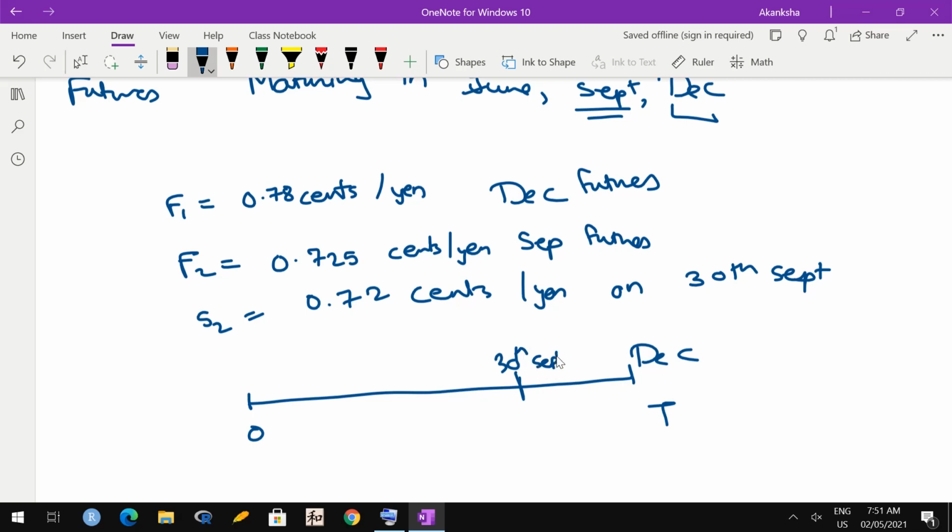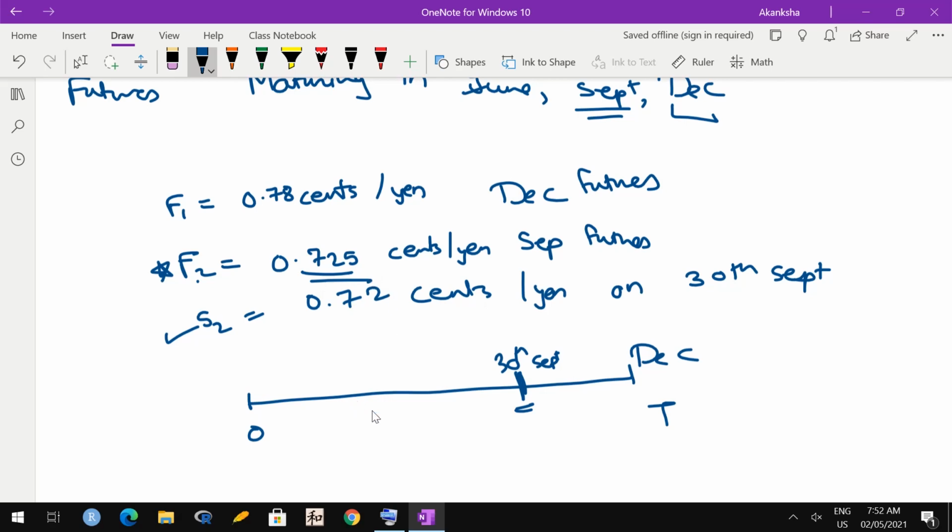Let us say that they actually received the yens in the last week of September. Now they are not going to wait till December to encash those yens. So what they do is they close out a position here. They sell the yen in the market at the market rate. But of course they already have a short position in futures, so to compensate for that, they enter into a long position in the second futures contract at this rate, because now in September the future rate is this.